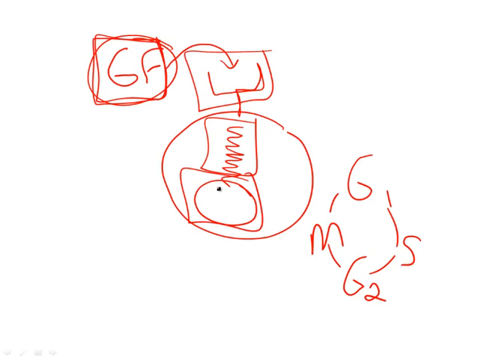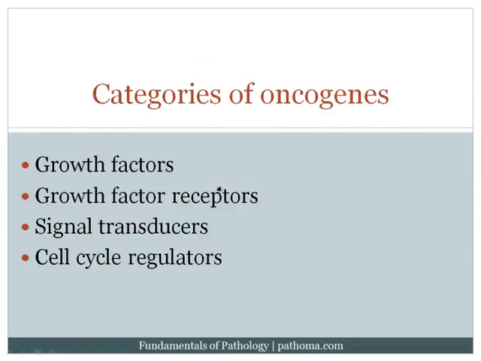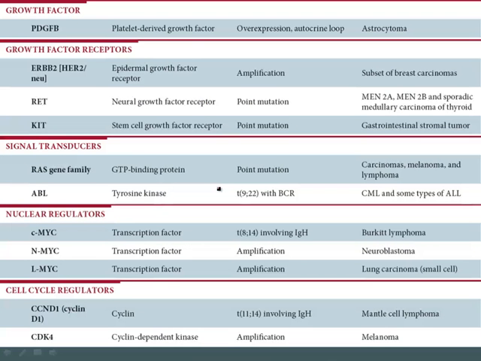So this is the normal. Now, mutations in any one of these steps or any one of these subtypes or categories of proto-oncogenes can result in the formation of an oncogene and can then be associated with formation of a tumor.